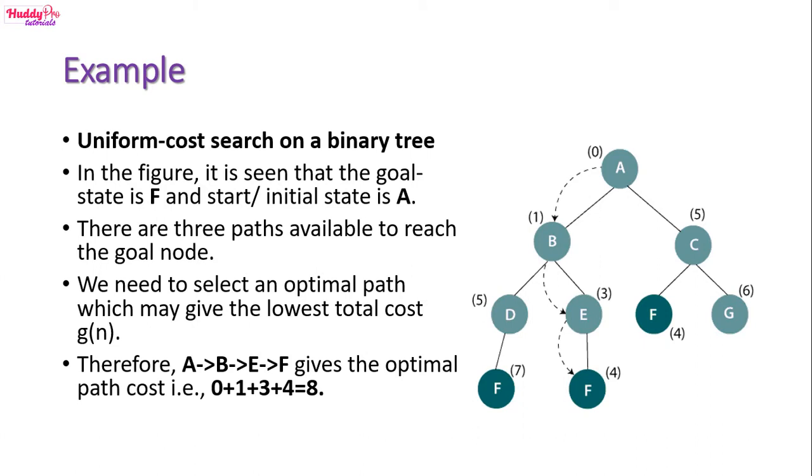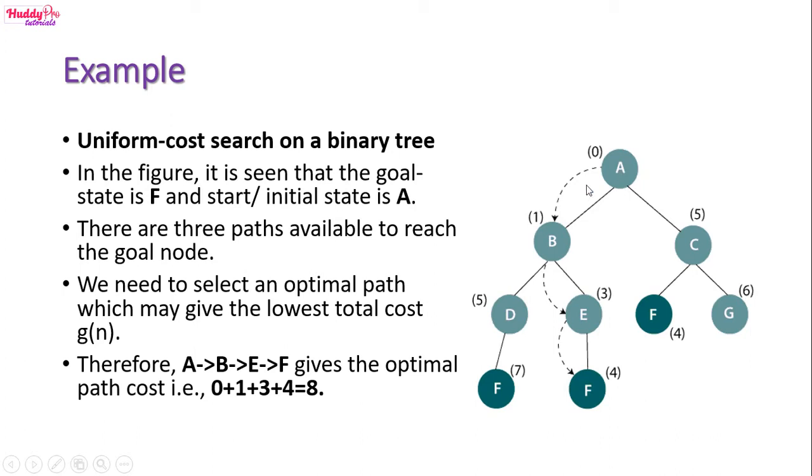Let's have one example to understand it better. So here we are having a uniform cost search algorithm on a binary tree. In this figure, our goal state is F. So as we said, we can have two goals, and the initial state is A.